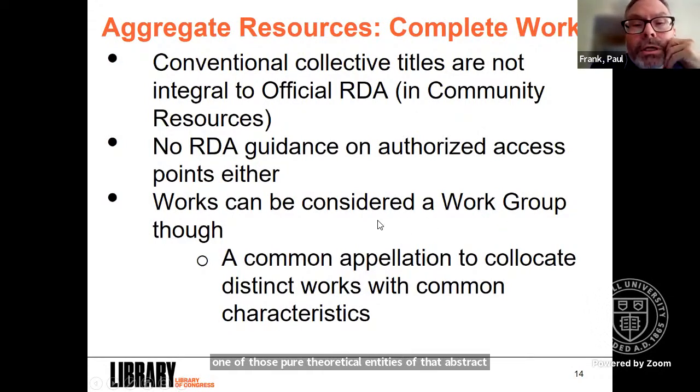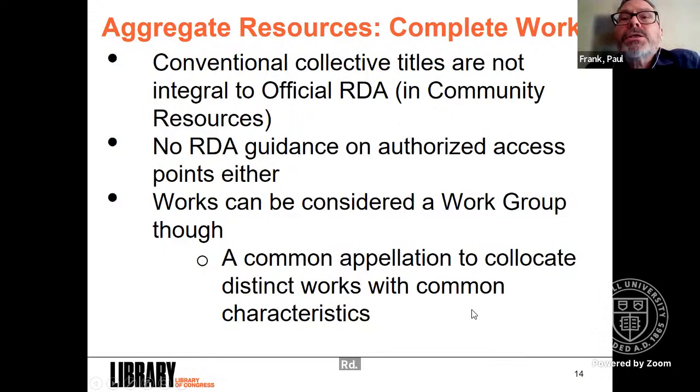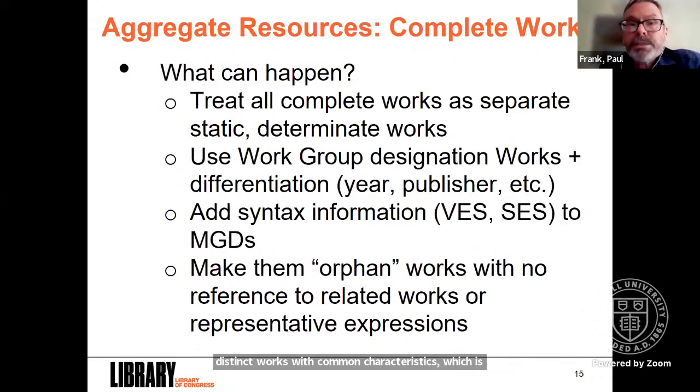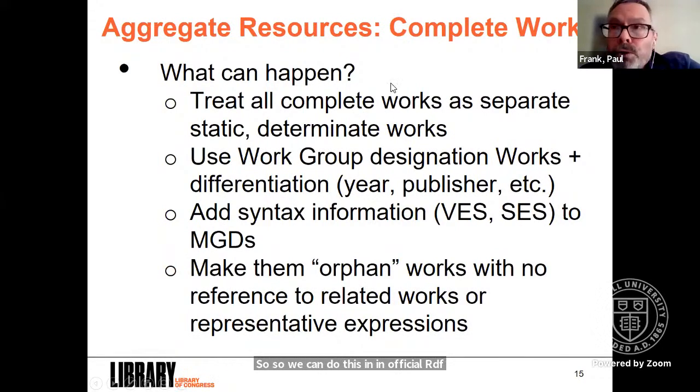So you can consider the word works to be a part of a work group, and the definition in official RDA says a work group is a common appellation to collocate distinct works with common characteristics, which is exactly what complete works of an agent are. So we can do this in official RDA. And I would say here's one proposal that was made by the task group on aggregates. And this one tended to have the vote of the group.